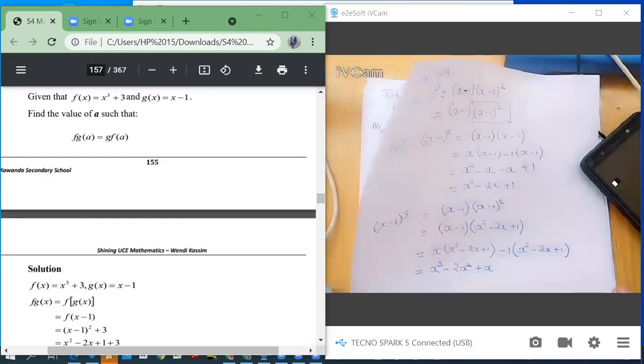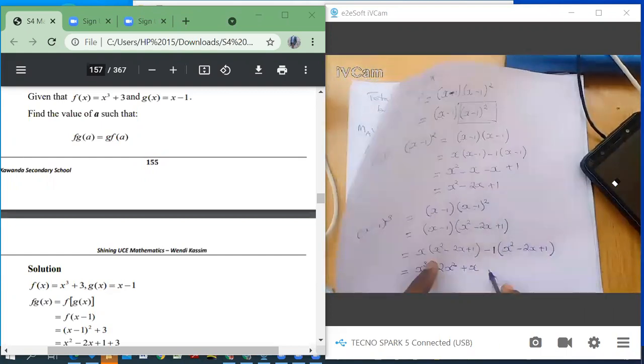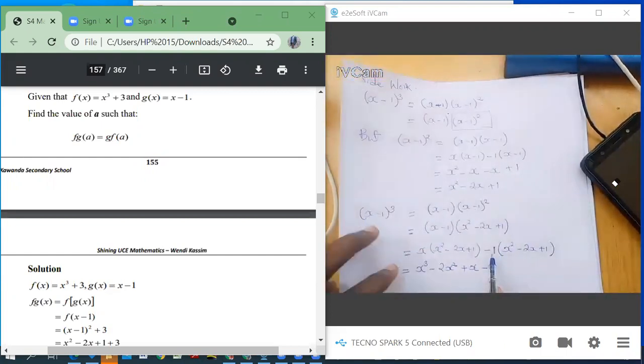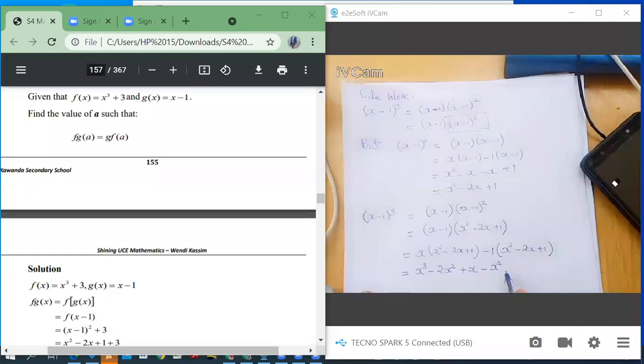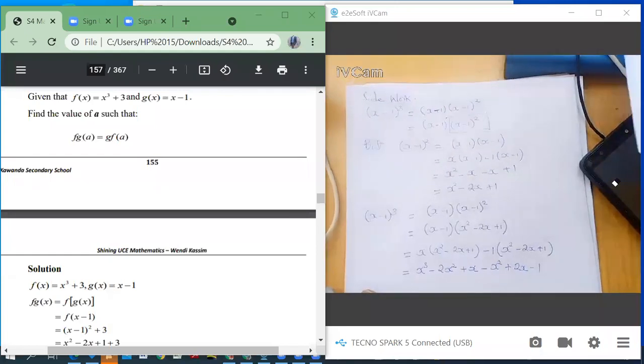Minus 1 times x squared gives us minus x squared. Negative times negative is positive, so it will be plus 2x. Not so? Then positive times negative will be minus 1.